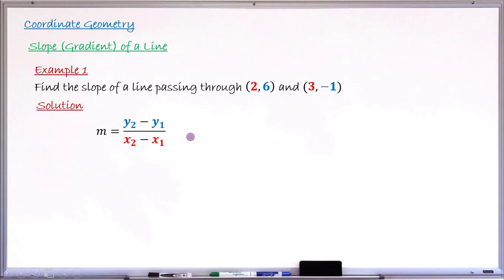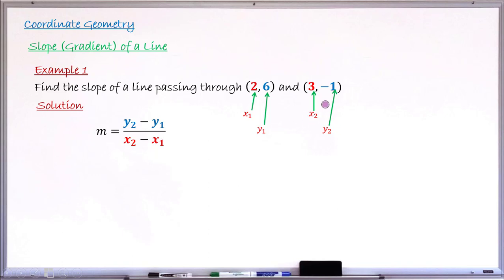Now let one of these points be x1, y1, and the other point be x2, y2. Let me do that. So if I let the first point have coordinates x1, y1, and the second point have coordinates x2, y2, I can now replace these variables.